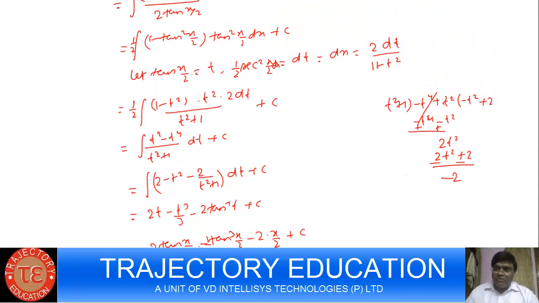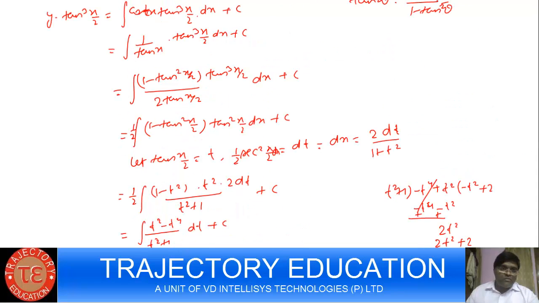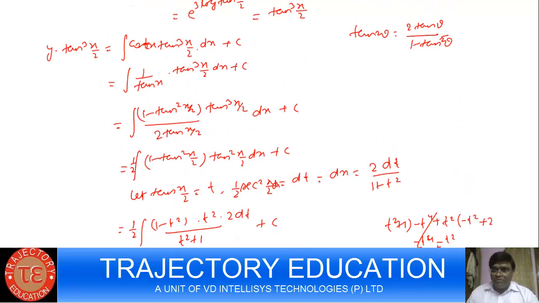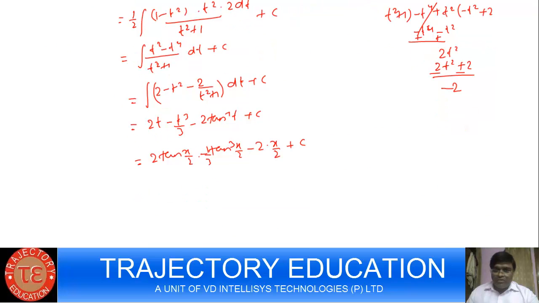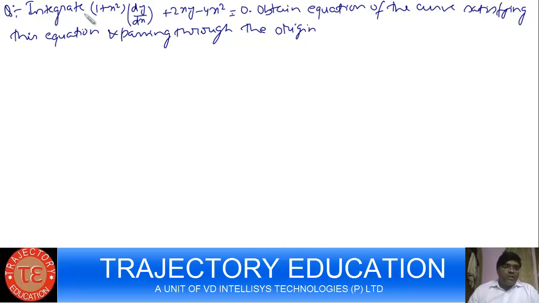And what was the LHS? The LHS was y times tan cube (x/2). So this is going to be the solution; the 2 will cancel out. This is the solution of the differential equation. So now let's move to the next question.